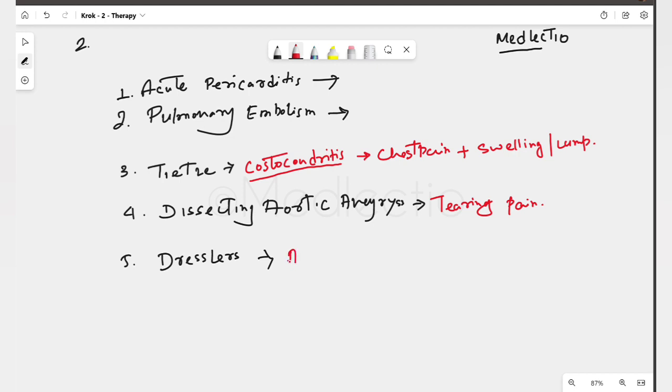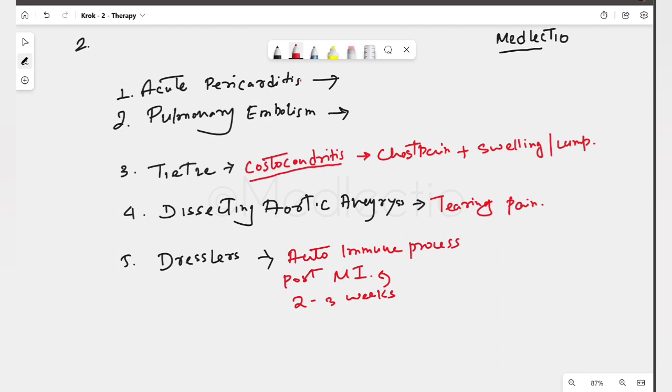It's an autoimmune process which is caused mainly post MI, but the time is 2 to 3 weeks post MI. In pulmonary embolism, we know there is emboli. It may be in the bifurcation, it may be any artery or vein in the lungs.